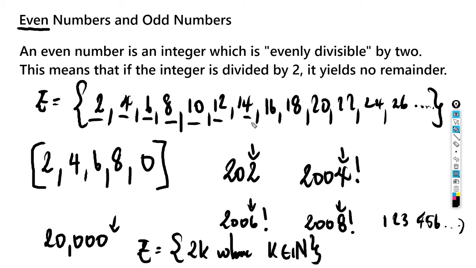So 2k is a good representation for even numbers as well. k can be any number that's in the natural number set, and it would give you an even number. So this is also a worded representation for the even number set. Okay. All right. So let's move on to odd numbers.